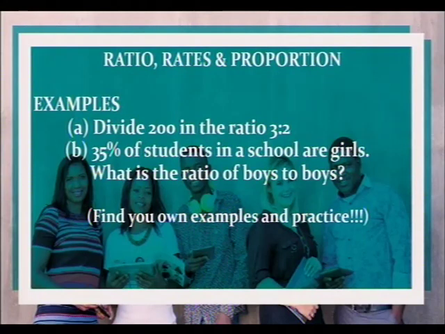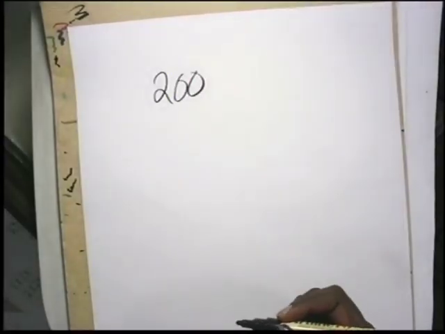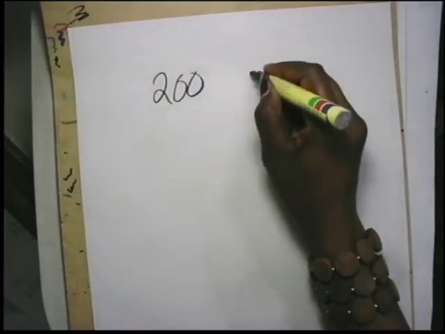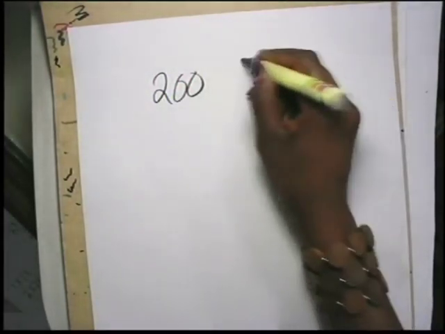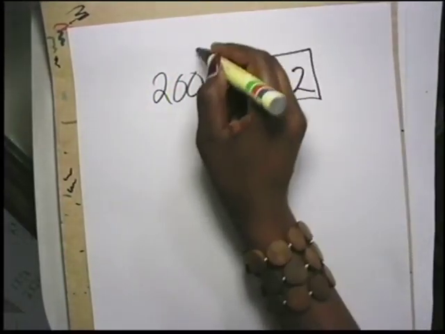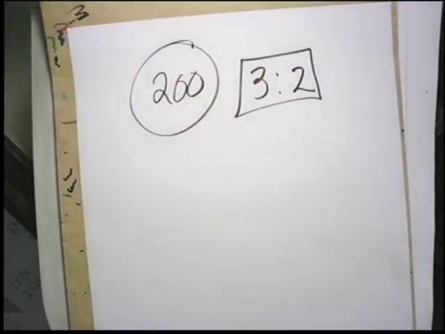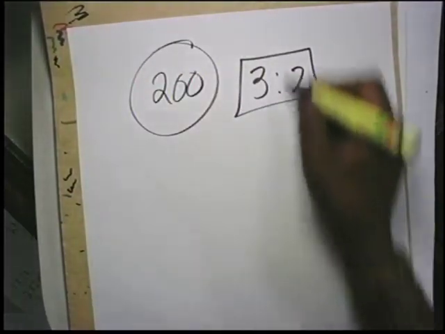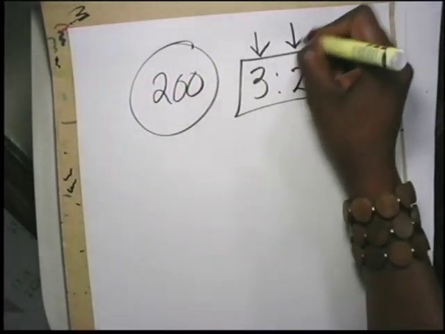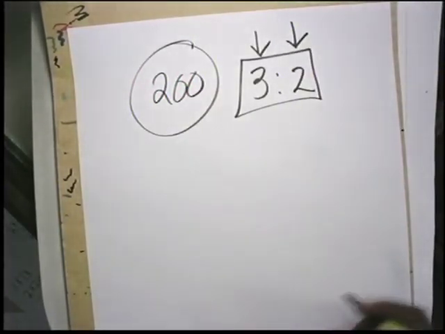We are given what? 200, probably 200 sweets or $200. We have to divide in the ratio of 3 to 2. This is our ratio. This is the number that we have to divide. Good. Now, which means we have to divide it into two parts, because the ratio carries two numbers.